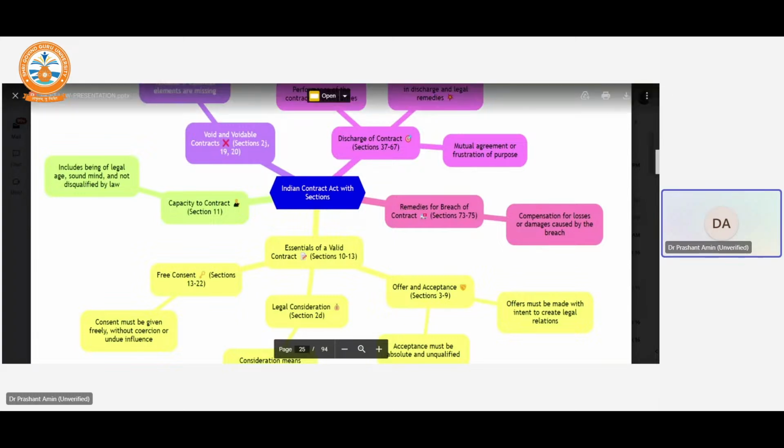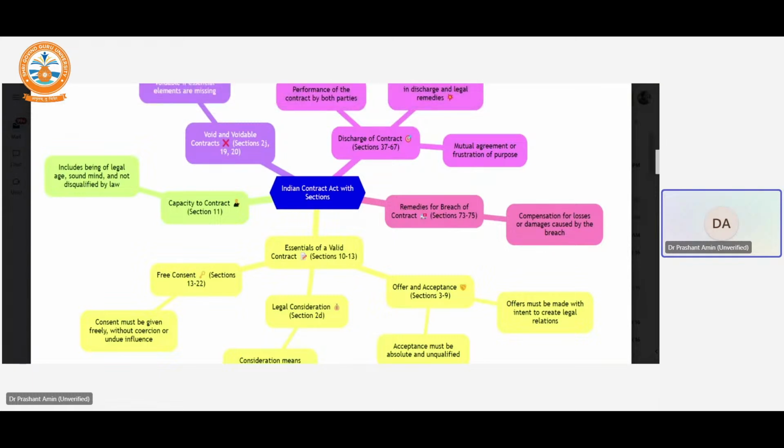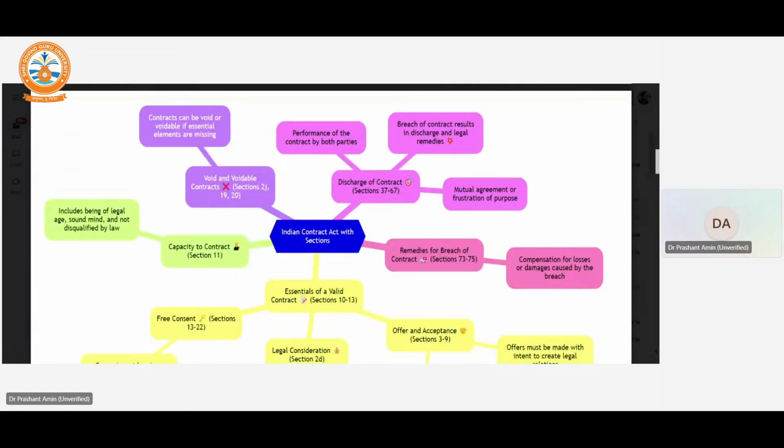If you look at this, right, I have given these sections also. In the blue, Indian Contract Act, void and voidable contract, that is covered under section 2J, 19 and 20. Discharge of the contract, which is covered in section number 37 to 67. Remedies of the contract, which is covered in section 73 to 75.